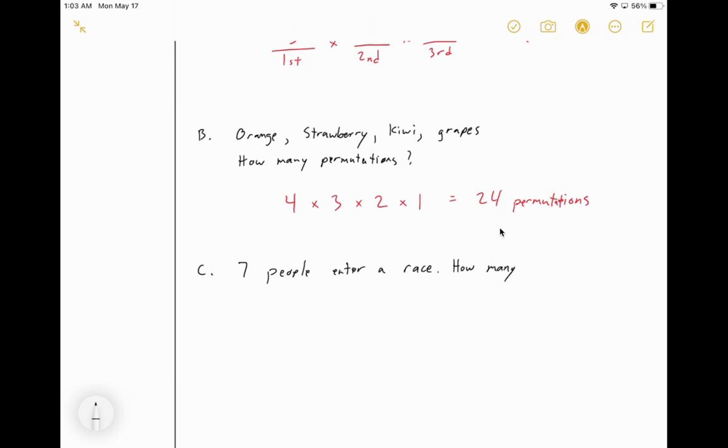How many permutations, how many ways can there be for just first and second place? How many different options are there? I don't care about everybody finishing. I just want to know for first and second place.